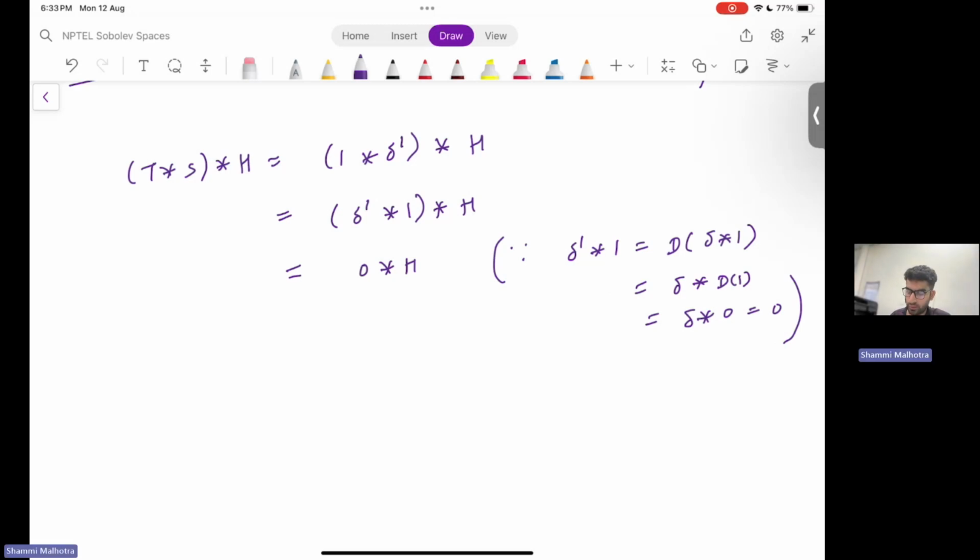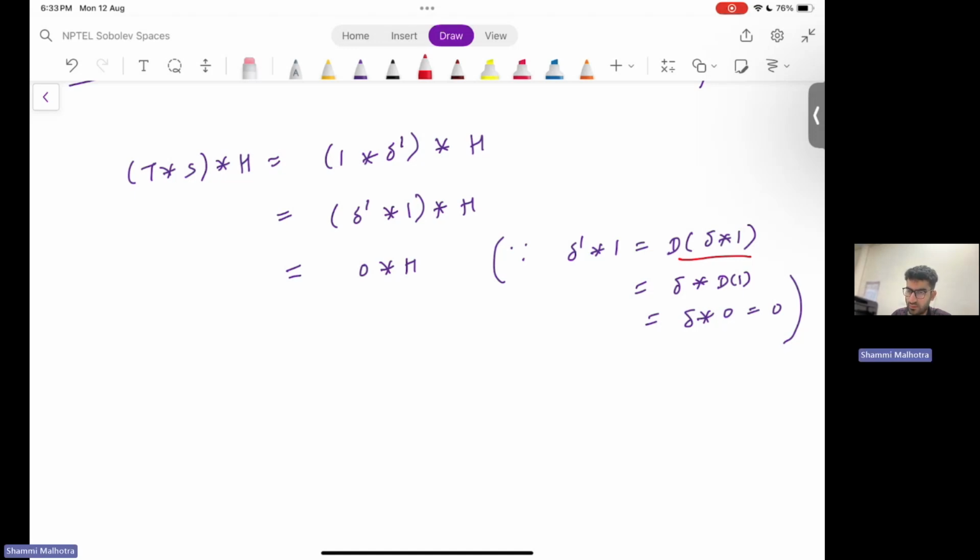So how do we go about that? We see that delta dash star 1 is nothing but the derivative of delta convolved with 1. And since that is the case, we can transfer the derivative onto the constant function 1, which will be generated by 1. So this is delta star d of 1.